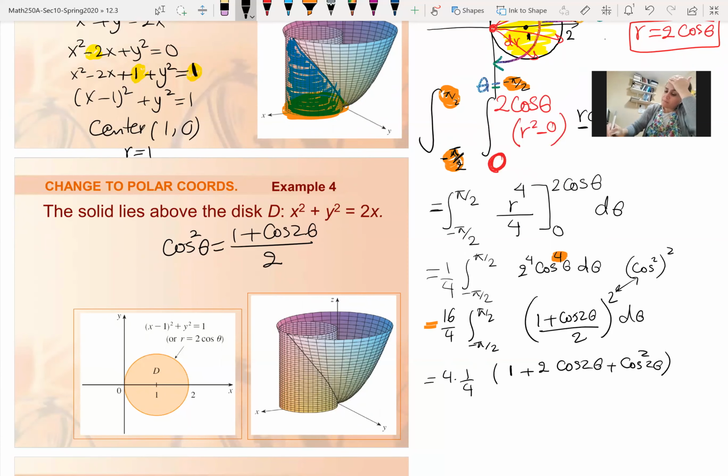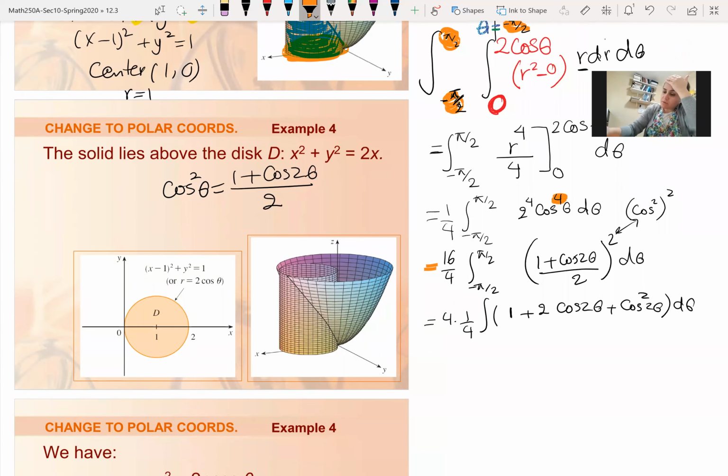Okay? And then still I did not integrate. I have to integrate one more time. Still I have an even power, so still I have to use the same formula. That is too much trig simplification. So negative pi over 2 to pi over 2: 1 is itself, 2 cosine is nice to integrate. One more time, if I use the half angle formula, then I can integrate.